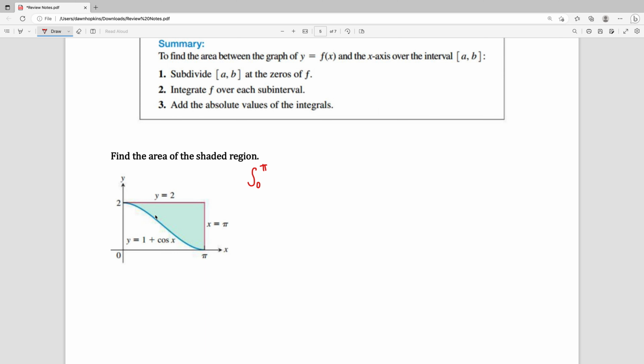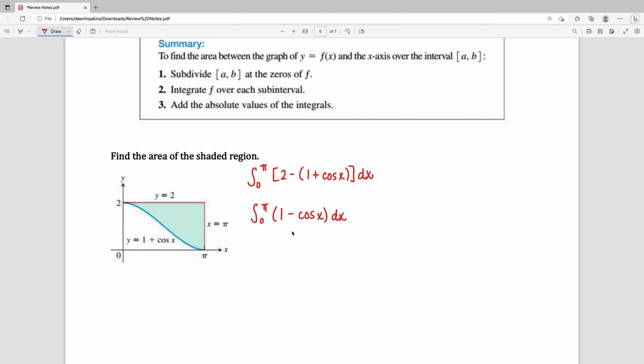And again, this time we're finding the area between these two functions, so we're just going to subtract the top minus the bottom function. So it's 2 minus 1 plus cosine x. When you take 2 minus (1 plus cosine x), 2 minus 1 is going to give you a 1. Then that negative to the cosine x, so it'll be 1 minus cosine x.